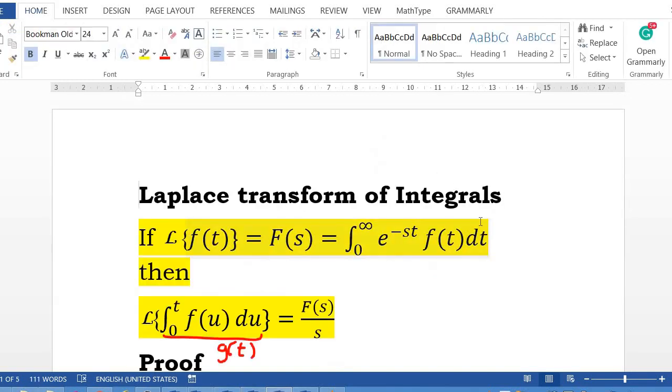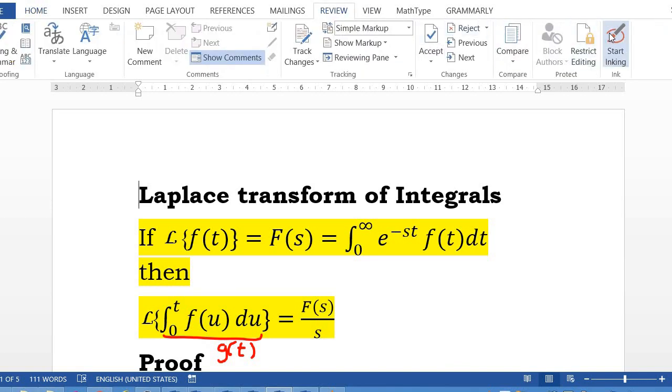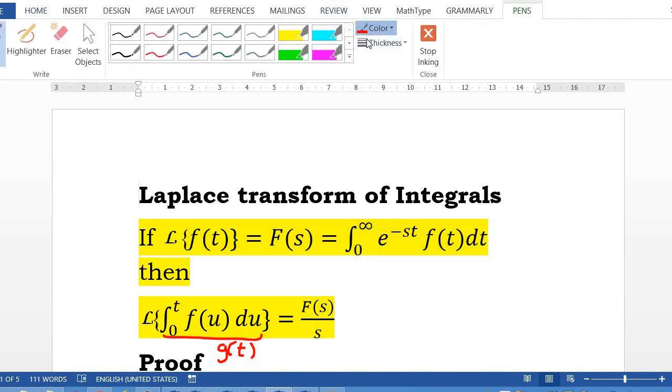remember we have learned the Laplace transform of an integral. Recall that the Laplace transform of the integral of f(u) du from 0 to t gives F(s) over s.